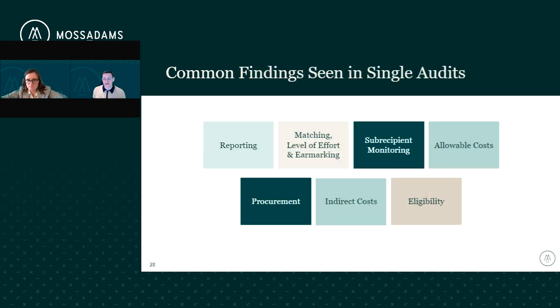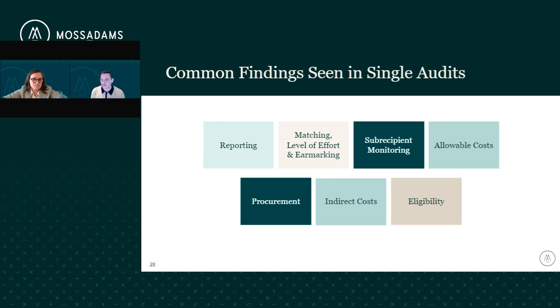Some common findings that we've seen in single audits is reporting being late. Maybe your funder or the pass-through entity that you're reporting to doesn't ding you or care if your reports are late, but regardless, that can come up as a single audit finding.